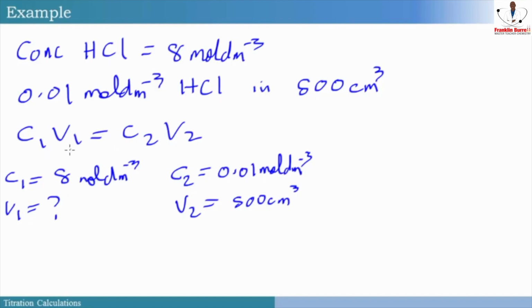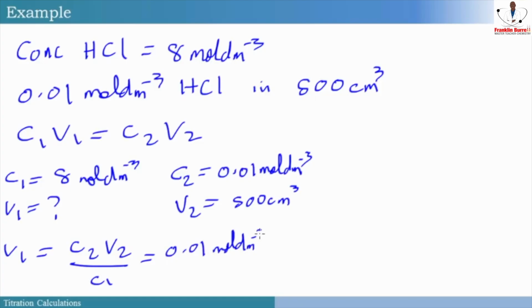So we need V1. So we are going to transpose this equation. From that, V1 is equal to C2 V2 over C1. And that will give us C2, which is 0.01 moles per dm cube. Always work with your units.